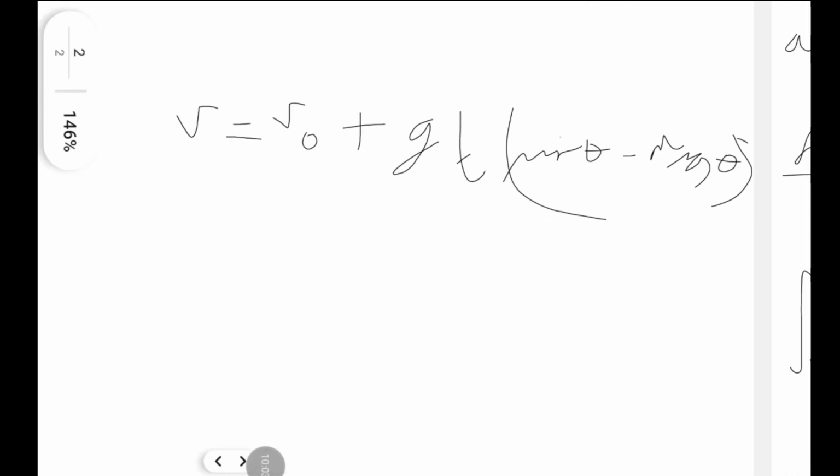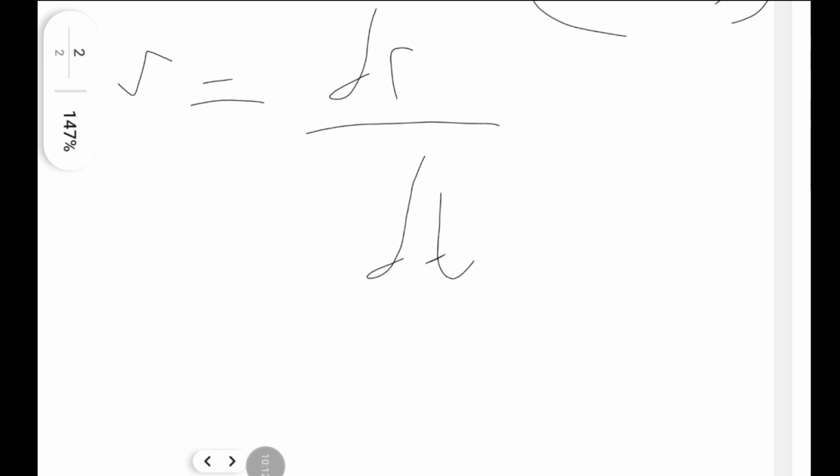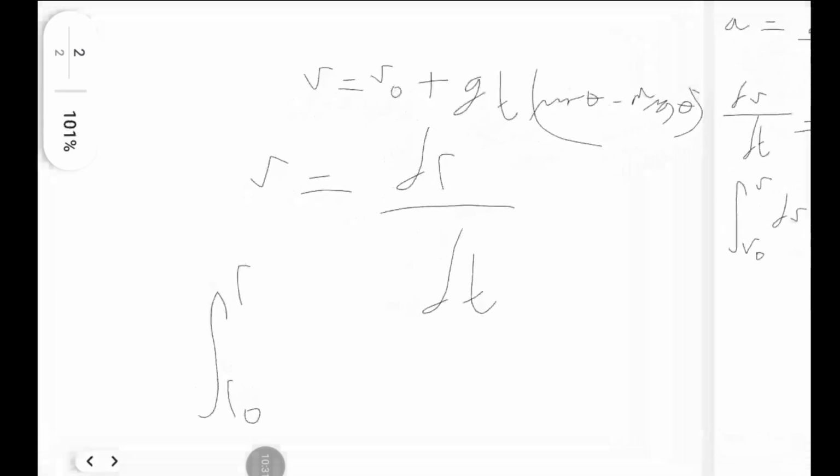With that you can do the same thing, and we know that velocity is equal to dr by dt. You can do the integral between r0, the initial position, which is how far it is. You define a point. It could be how far it is from the end, and then r, and then you do the dr, and you integrate the other side.